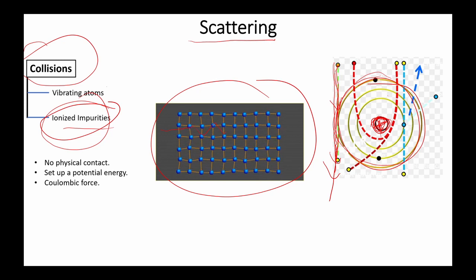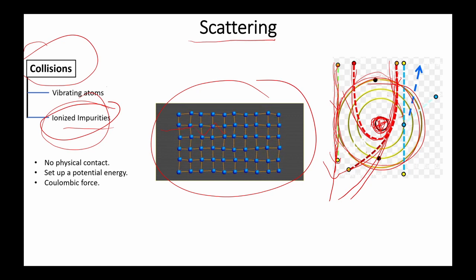If the electron is moving in the vicinity of this positive charge, this positive charge will attract the electron, and it will move like this. It can move like this, or like this, a slow deviation can be there, it can be like this.